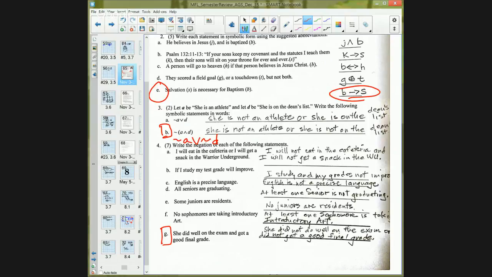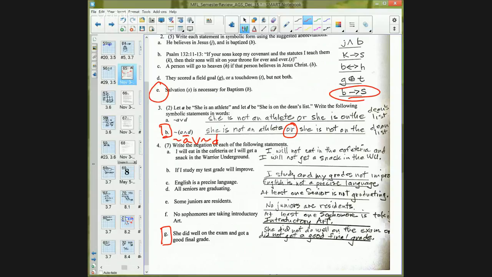Remember in De Morgan you have to flip that and upside down? And that or right there is what most people made the mistake on. A lot of people wrote and there, and I know why, because there was an and in the beginning, but they forgot to flip it, so to speak.